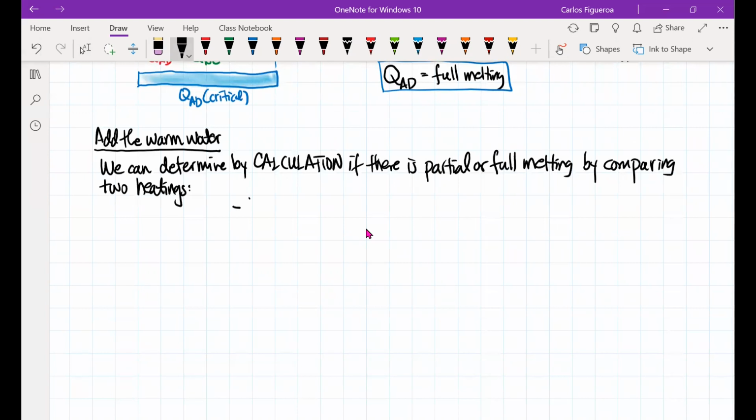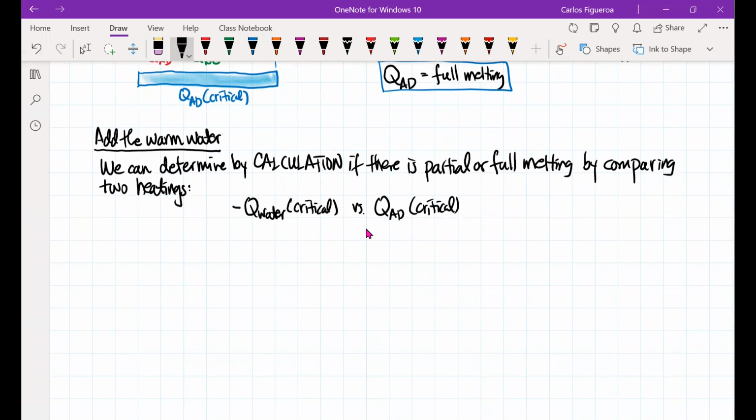One is minus Q of the water to the critical point versus QAD critical.